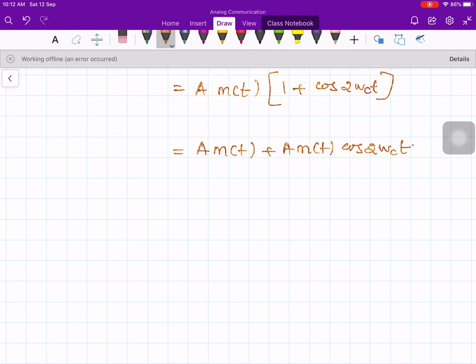Now A is some constant, so it's some amplification factor. You can disregard that.